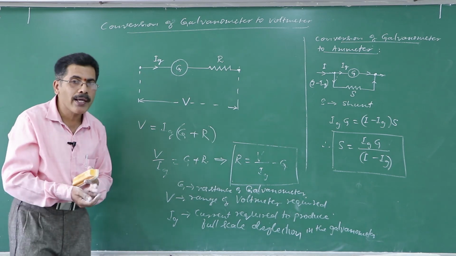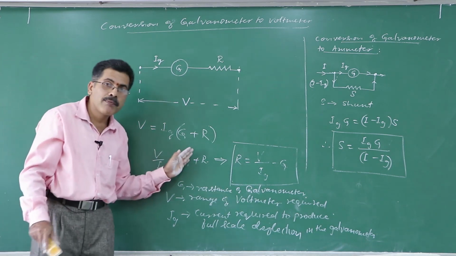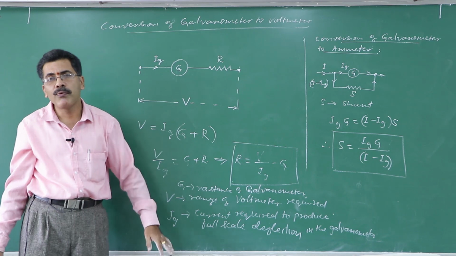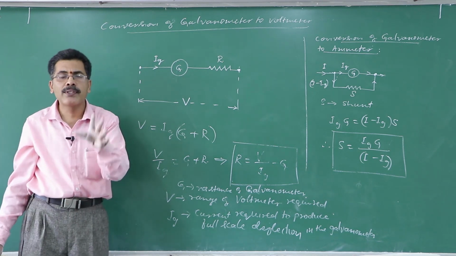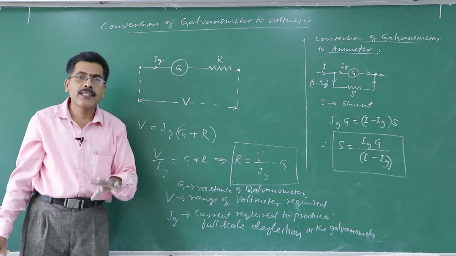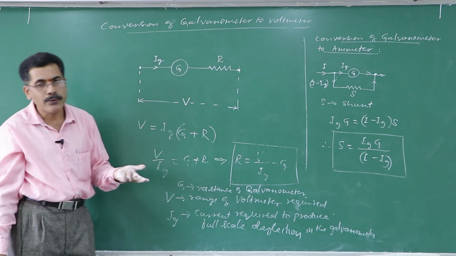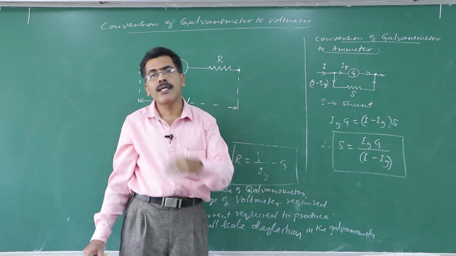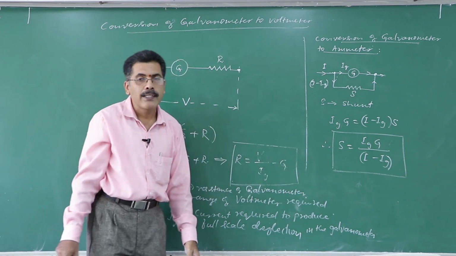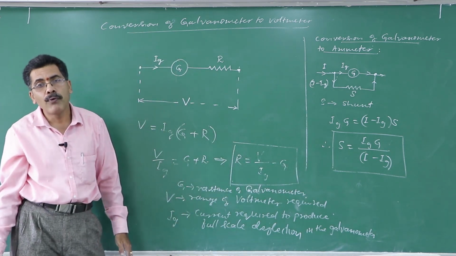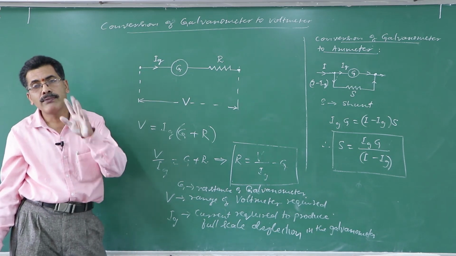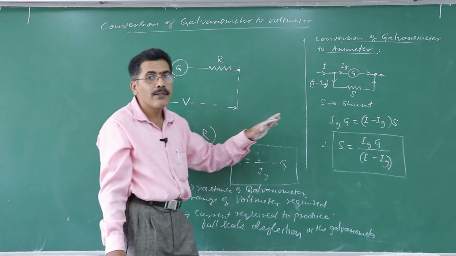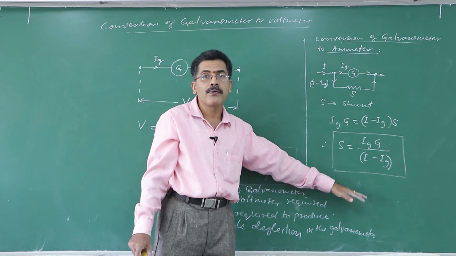Now let us compare voltmeter and ammeter. A voltmeter is a device used to measure potential difference across any 2 points in the circuit. An ammeter is a device used to measure the strength of current flowing in the circuit. The resistance of an ideal voltmeter is infinity. The resistance of an ideal ammeter is 0.